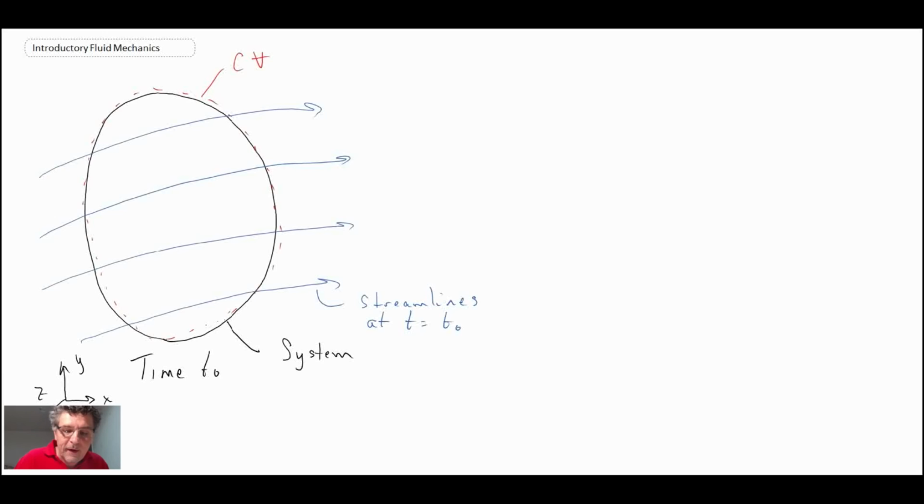So here we have time t0, where we have a system and a control volume that coincide and occupy the same chunk of mass. But the system is moving and the control volume is fixed in space, so it is not moving.